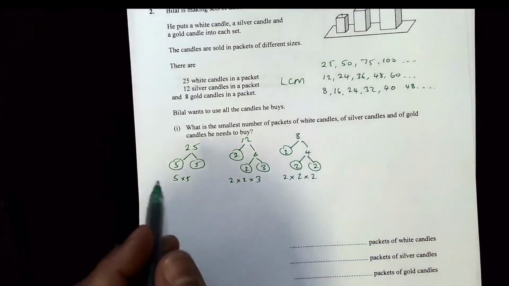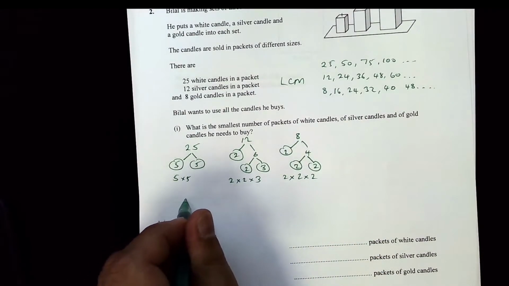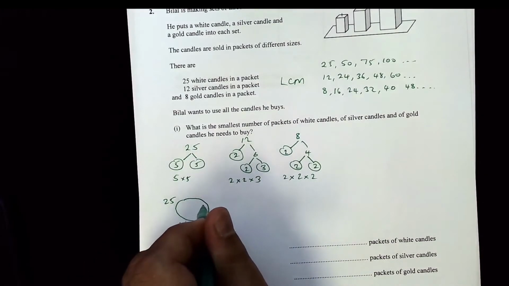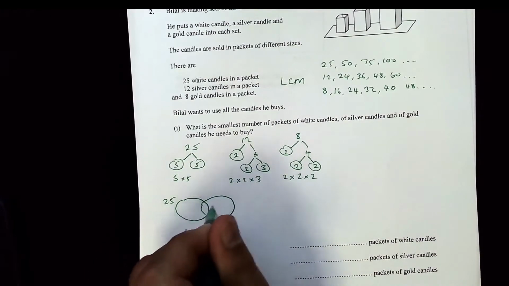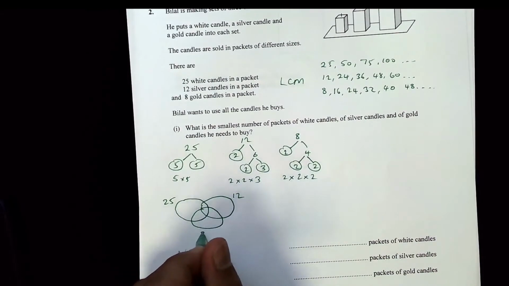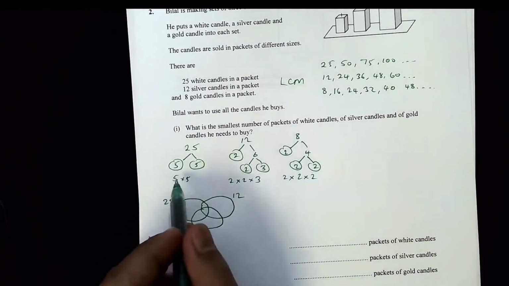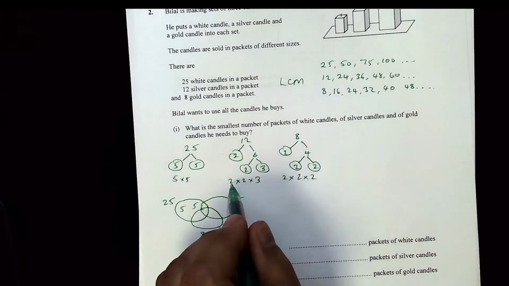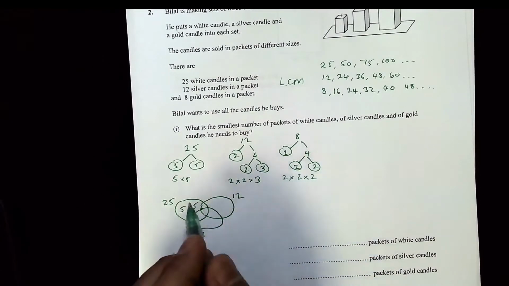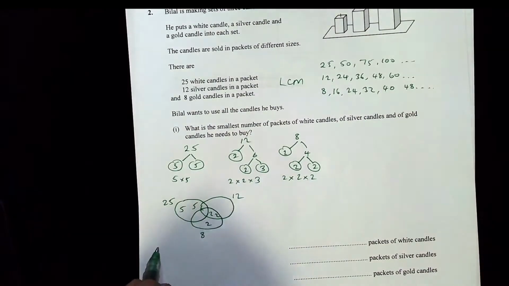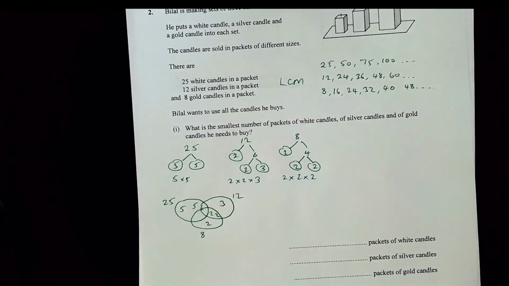Using these 3 factor trees, I'm going to use a Venn diagram for these 3 numbers, 25, 12, and 8. So 25 is 5 and 5. 8 and 12 have got the common factors of 2 and 2, so that goes 2 and 2. 8 has got another 2 there, and the 3 goes with the 12.